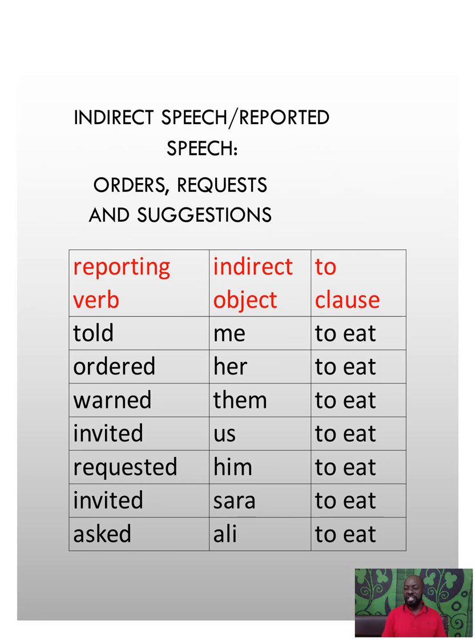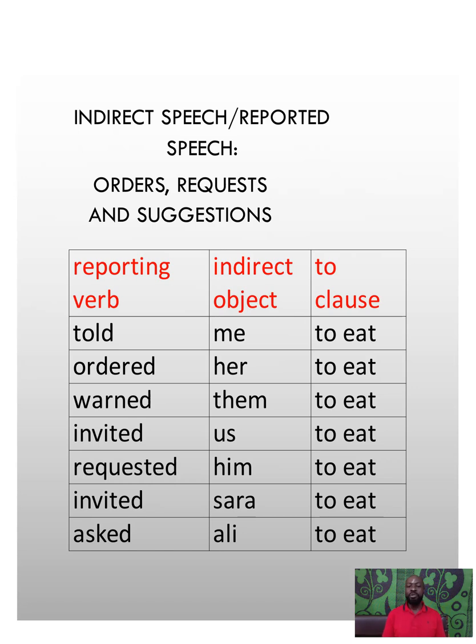When we are changing orders, requests, and suggestions, these are some of the reporting verbs that we use. Told, ordered, warned, invited, requested, asked. After the reporting verb, we put the indirect object.